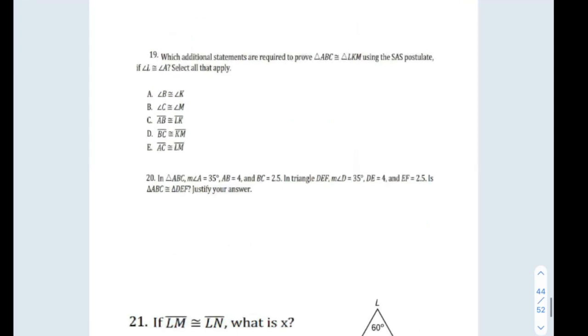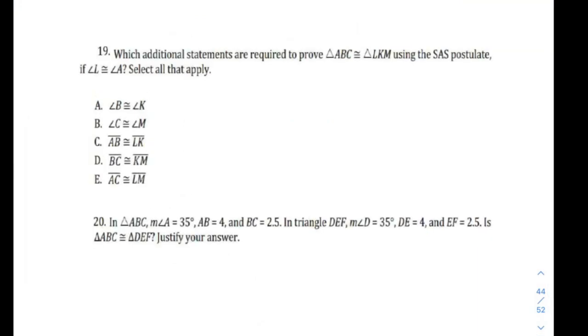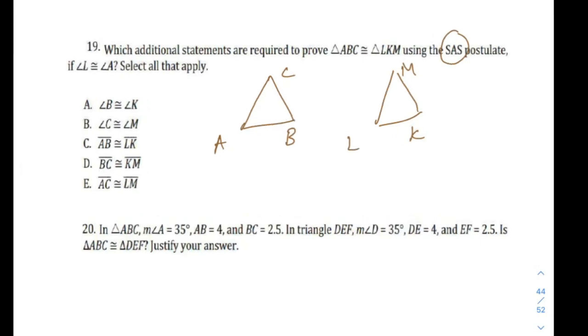Which additional statements are required to prove triangle ABC congruent to triangle LKM? Let's sketch ABC, and the triangle here is LKM in order. Using SAS. SAS means we need two sides and the angle between them. If you know that angle L is congruent to angle A, what else do we need?